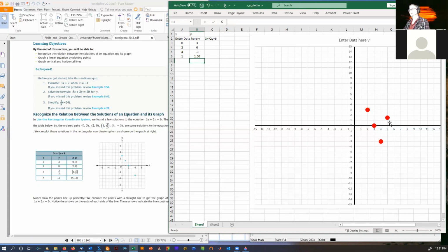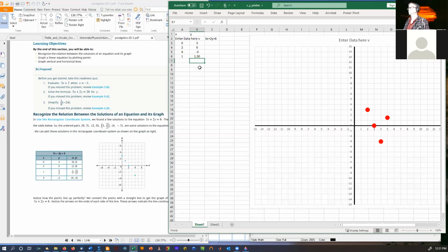So this point here that I just plotted, 1 and 3/2, isn't on the straight line. So that isn't a solution. If we plug in 1 here, that's 3 times 1 is 3, plus 2 times 1.5 is... Why isn't that on that line?